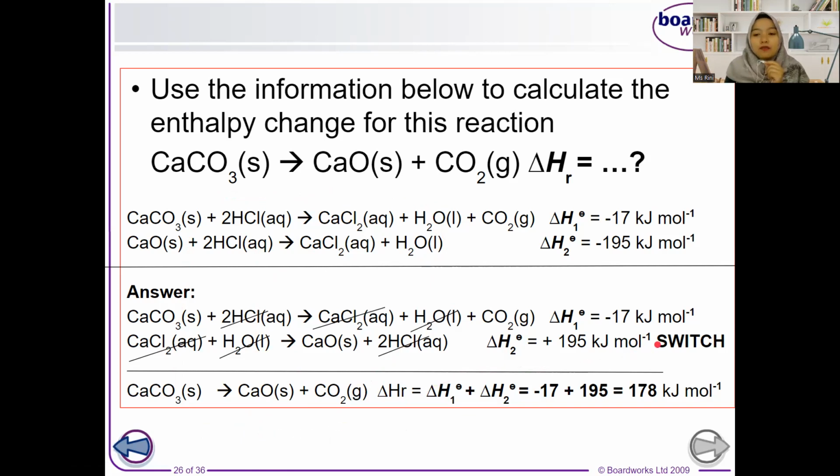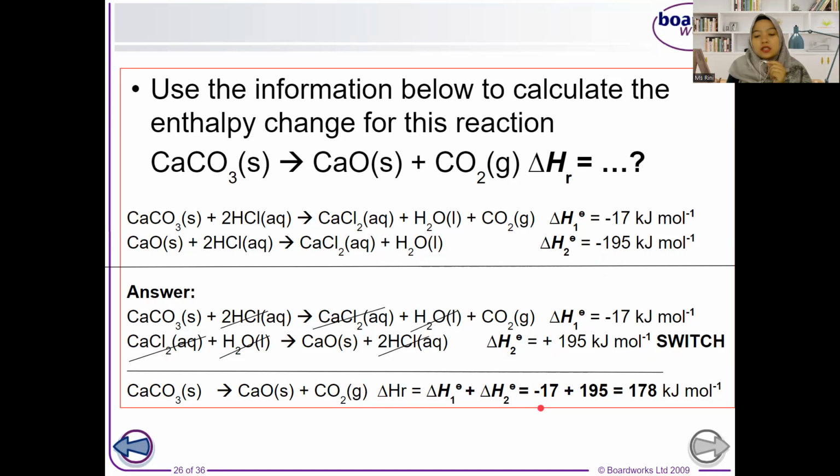So you only have to count the total of the delta H. So the delta H is delta H1 plus delta H2. Here, don't forget, we already switched the reaction, so it changed the symbol from negative to positive.